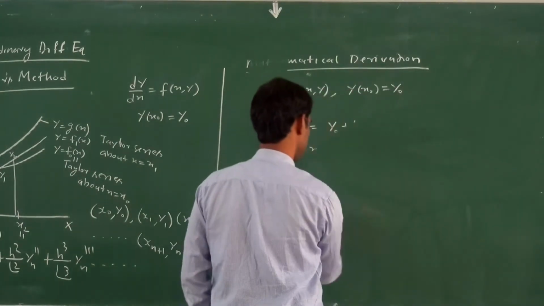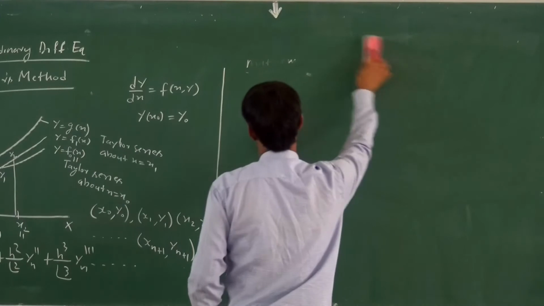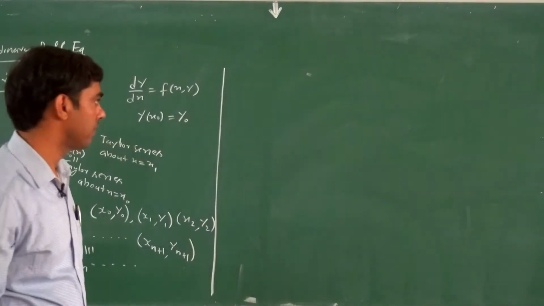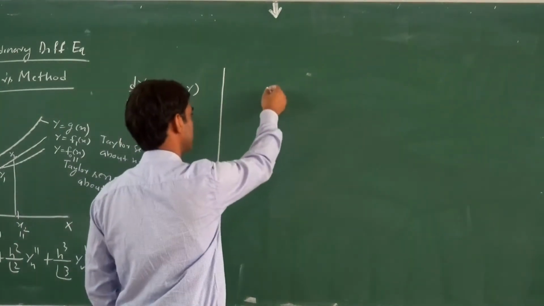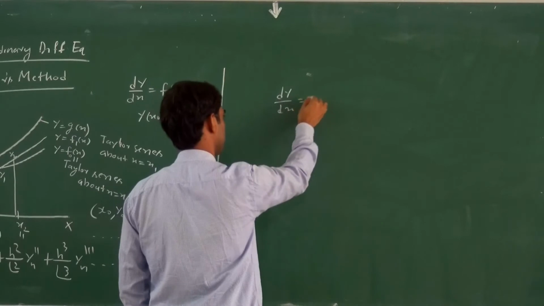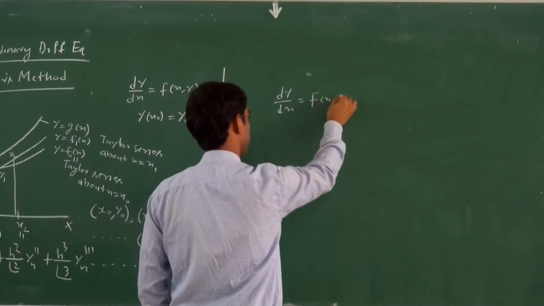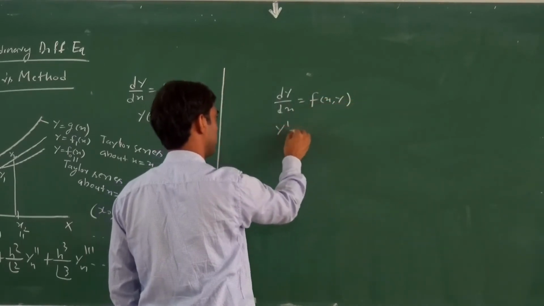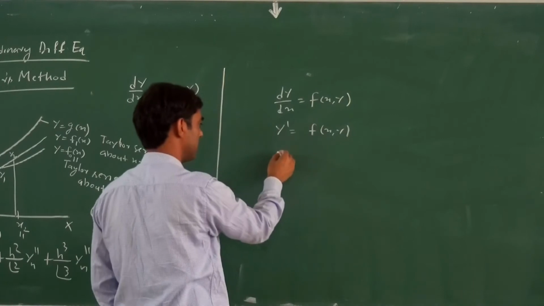Here is one other thing that we want to explain. If dy by dx is given, that is f of x, y, then y dash is given as f of x and y. So how do we find y double dash?